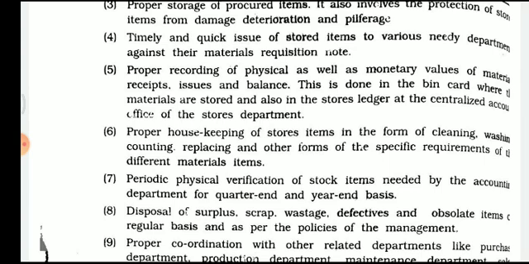This is done in the bin card where the materials are stored, and also in the stores ledger at the centralized account office of the store and department.